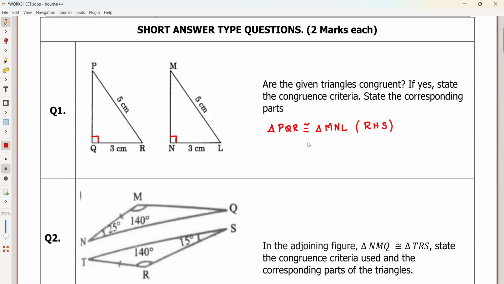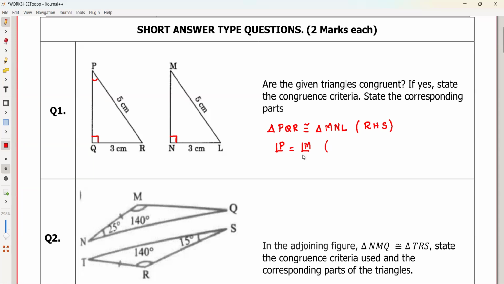So what could be the corresponding parts? Right. So we can say angle P is equal to angle M, sir. Okay, how can you say these two are equal? Sir, because they're congruent, sir.